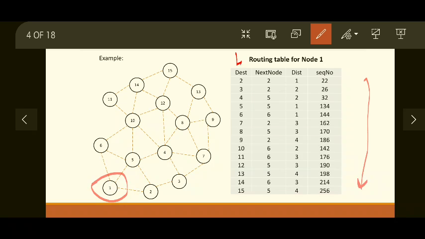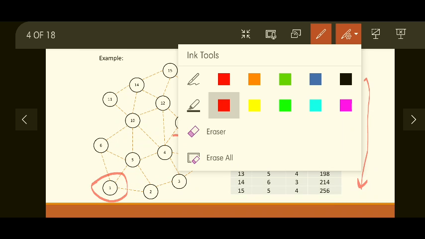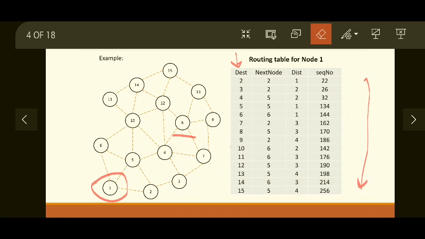The first column is destination. Destination means if node 1 has to send a packet to node 2, what should be the criteria? If it has to send a packet to node 8, what should be the criteria, and so on. Okay, so what we are seeing in this particular table is that the second column is the next node.